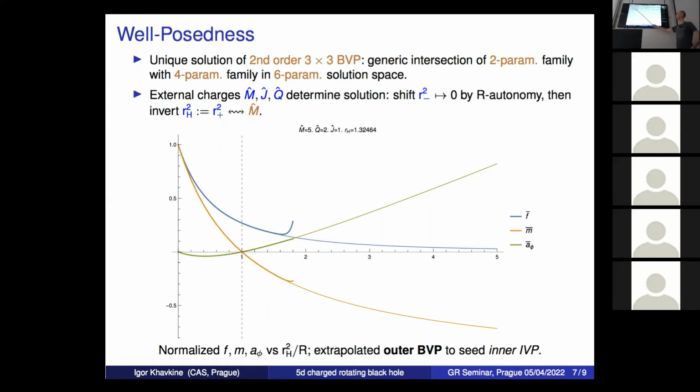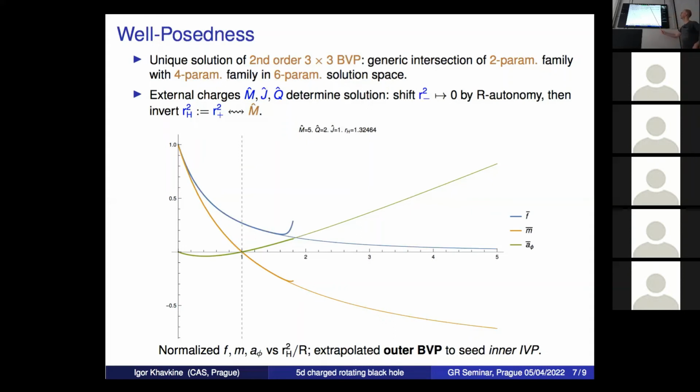But like I said, instead of the R plus external parameter, which appeared there explicitly, we want to use the mass to determine the solution. So what happens is, with J, Q, and R plus fixed, you find the solution, and from that numeric relationship, you have to invert it to make sure that you have the right mass. So you allow yourself to vary R plus until you hit the right mass.